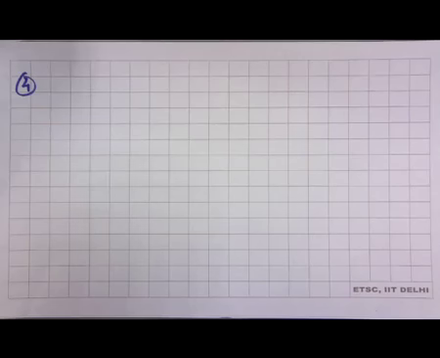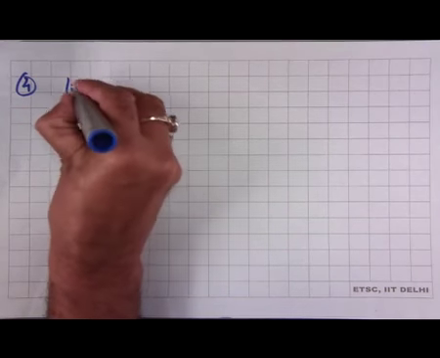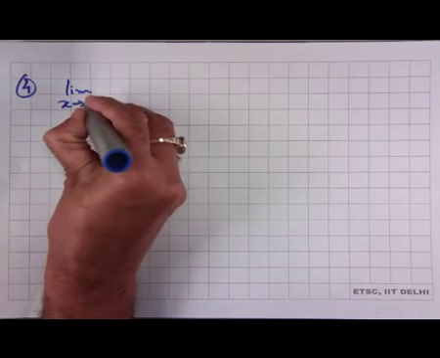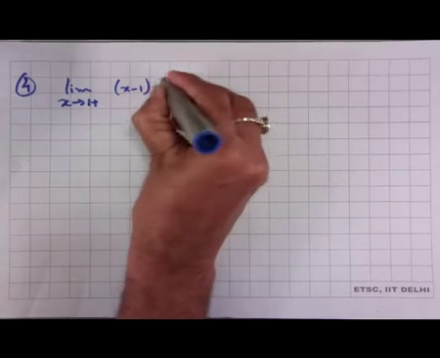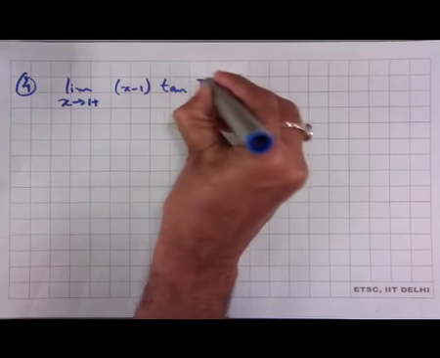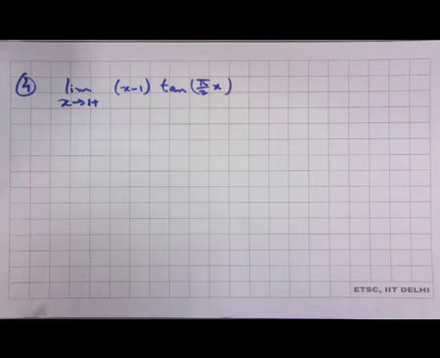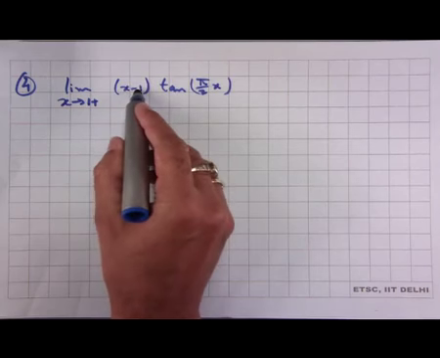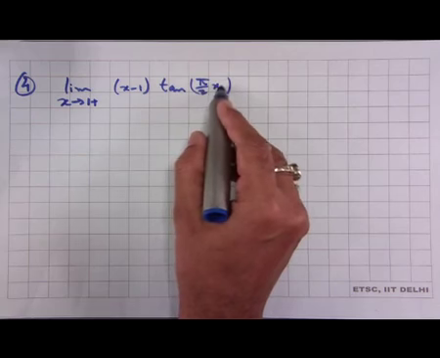Now, similarly, we can look at the limit as x goes to 1 plus of x minus 1 times tan of pi by 2 x. As x approaches 1 from the right hand side, x minus 1 goes to 0, and then we have tan pi by 2 x.